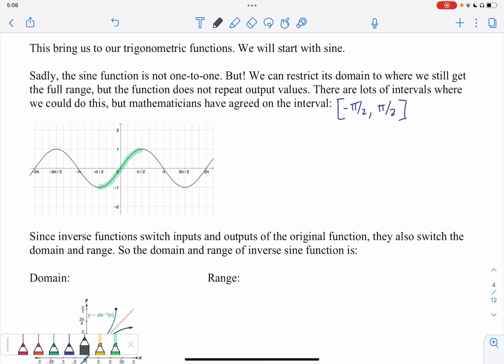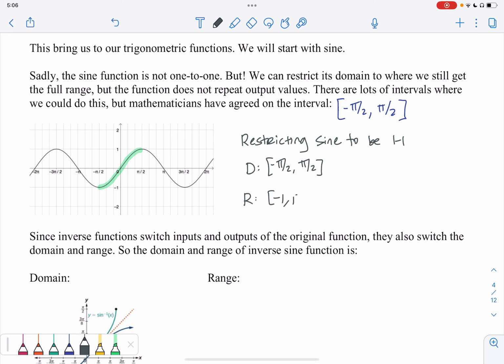Well, let's first think about restricting sine to be one-to-one. Then its new domain, we say, sorry, old domain is out, new domain is in. You can use this domain only, and then the range is still negative 1 to 1.